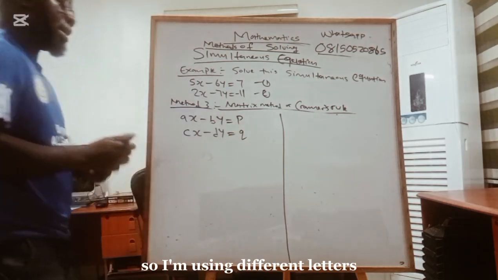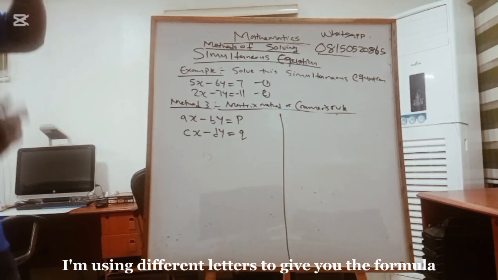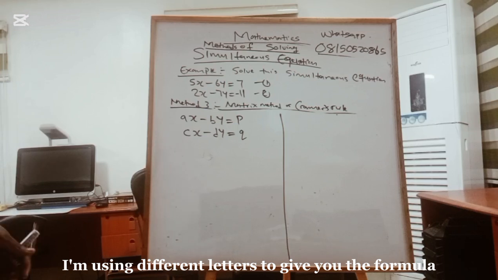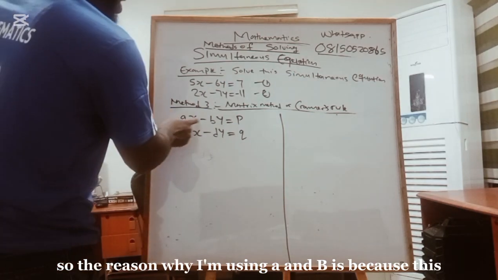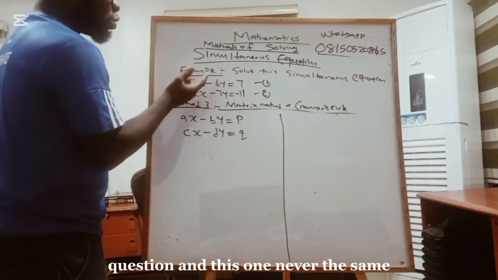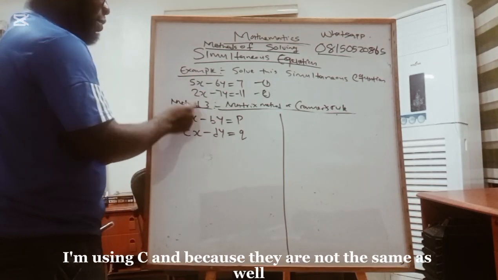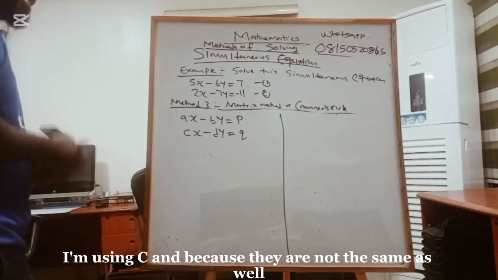So I'm using different letters to give you the formula. The reason why I'm using a and b is because this coefficient and this one are never the same. I'm using c and d because they are not the same as well.